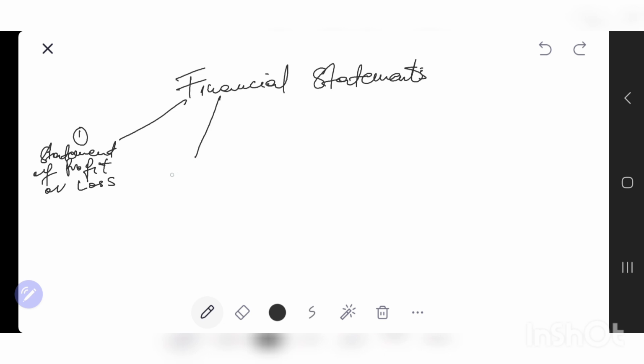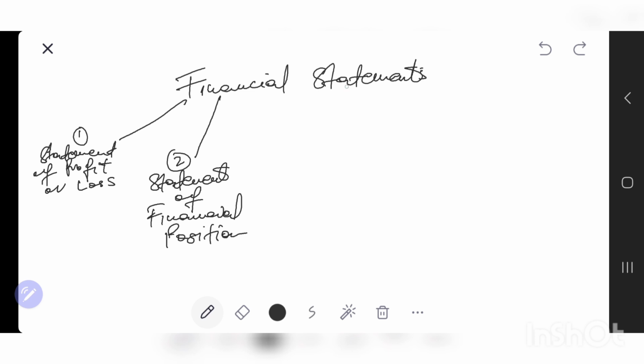Secondly, there's a statement called the statement of financial position. Third, there's a statement called the statement of changes in equity.